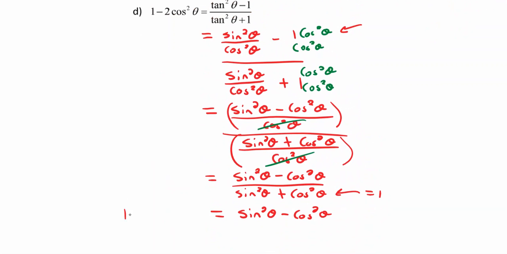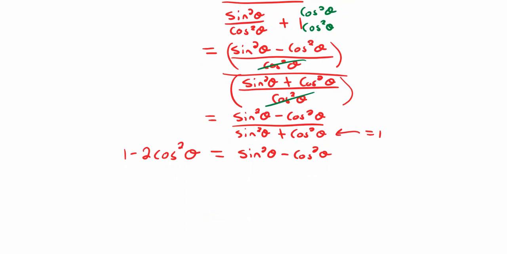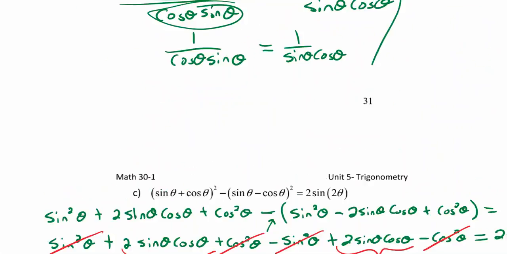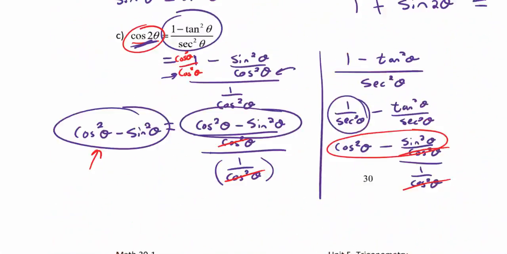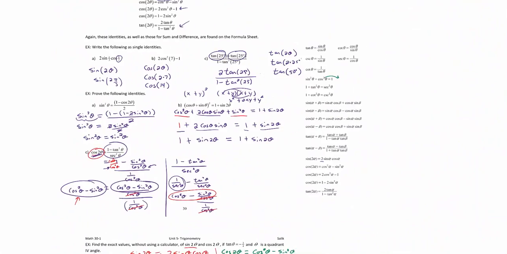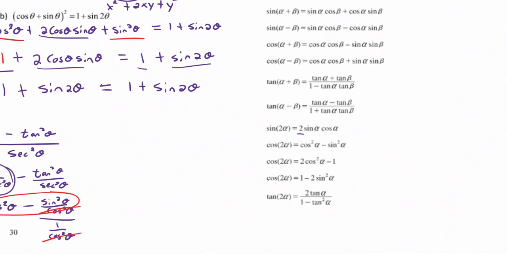So we've got 1 minus 2 cos squared theta. All right. So different ways to do this now. I'm looking at this one, and wish I had this closer, but up here somewhere. Yep, there we go. I also see that that's what I have on the one side, and that's pretty much what I have on the other side.